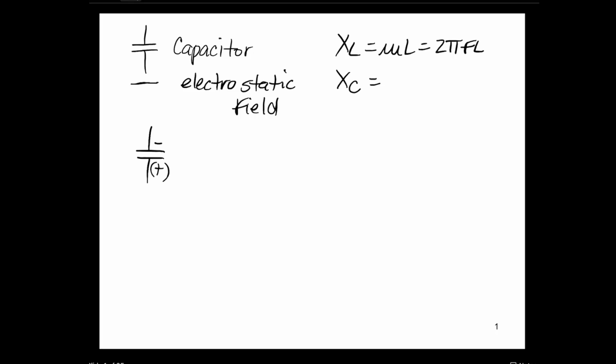We will see that we have a 1 over omega C value, which is 1 over 2 pi FC. Now notice how there's an inverse relationship with frequency here. The higher the frequency, the lower the reactance. So we're already seeing essentially the opposites being applied from XL to XC, from inductor to capacitor.